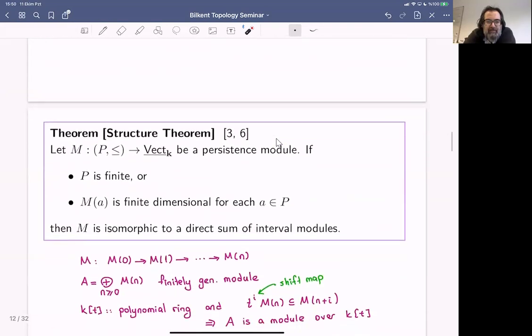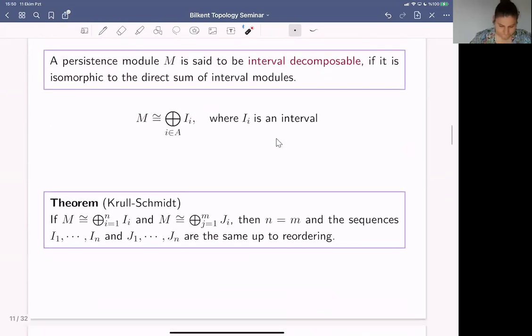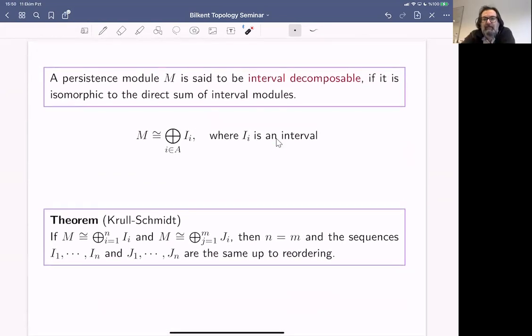Tane, can I ask you a question? Yes, please. When you say interval, do you mean closed intervals, or are half open intervals okay? Any interval is welcome. Then why can't you write the 0-2 interval as a direct sum of the 0-1 interval open and the 1-2 interval closed?